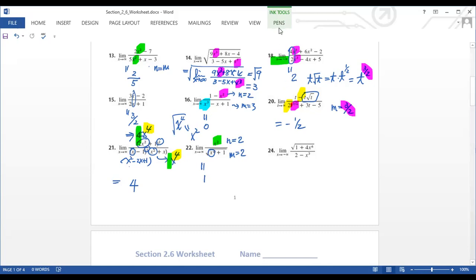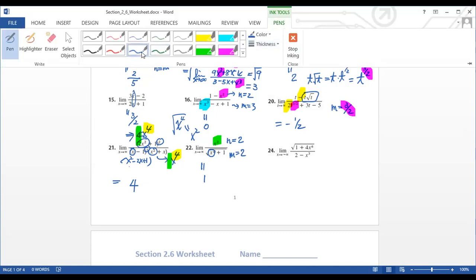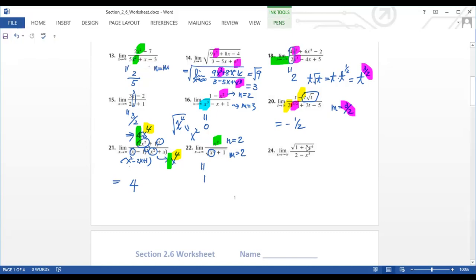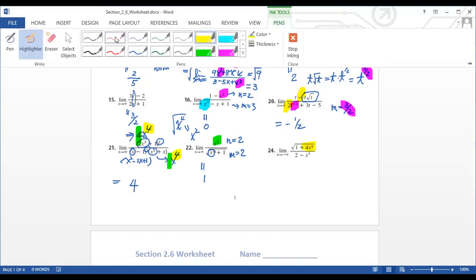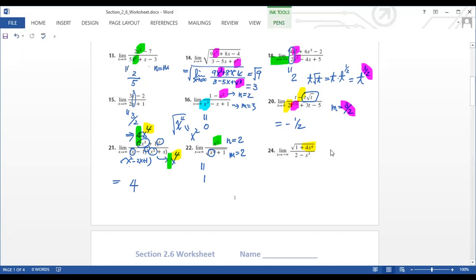Okay, now let's take a look at this one here. For this one, x approaches negative infinity, so we need to be careful. Take a look here. Inside here, this is 4x to the 6.